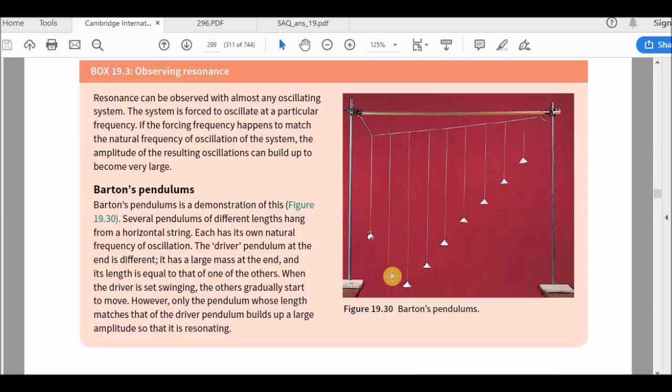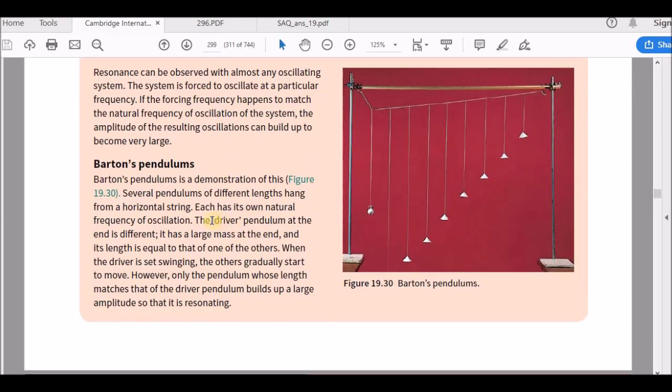So these other pendulums will not oscillate with maximum amplitude, but the one which has the same length will oscillate with maximum amplitude, because it has the natural frequency which is equal to the driving frequency. This is oscillating naturally, and it is causing the others to oscillate.